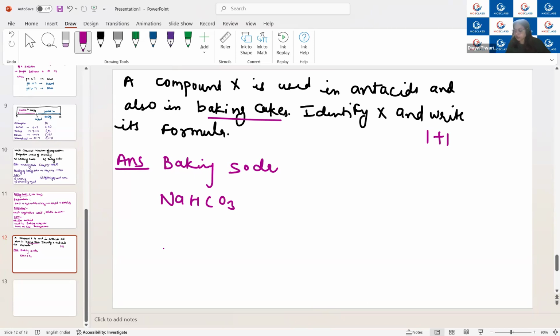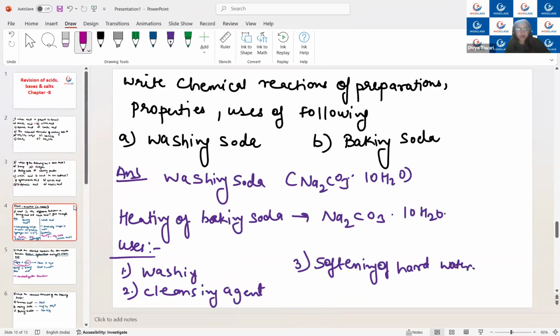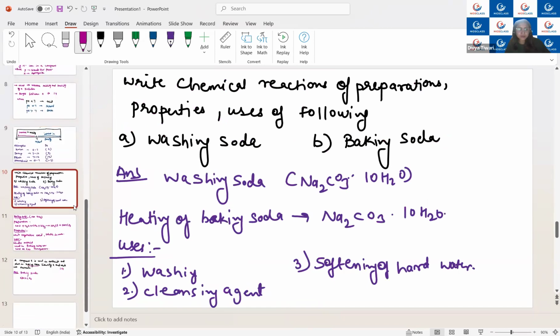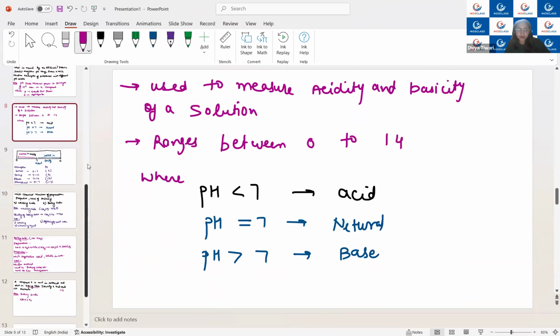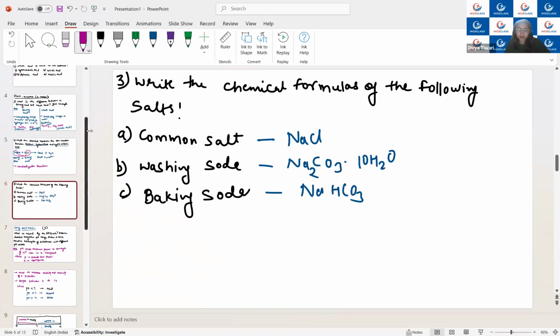All the various possible types of questions I have discussed, which you can find in MCQ form, short answers, and long answers, and how you are supposed to write down each answer of each type. I have taken a sample of each and every question, so I think that will help you all.